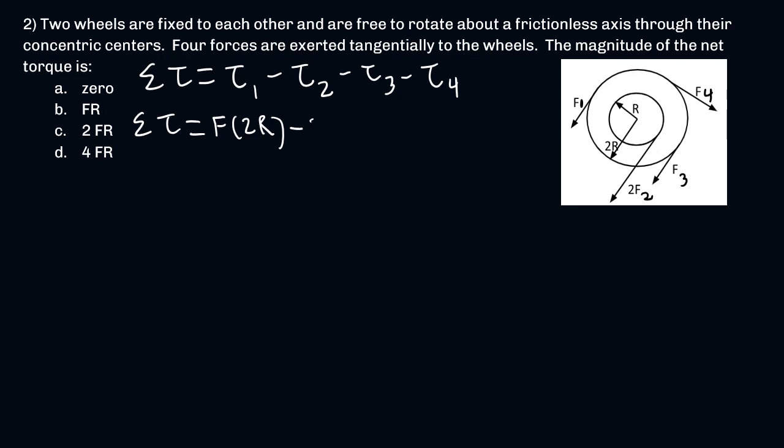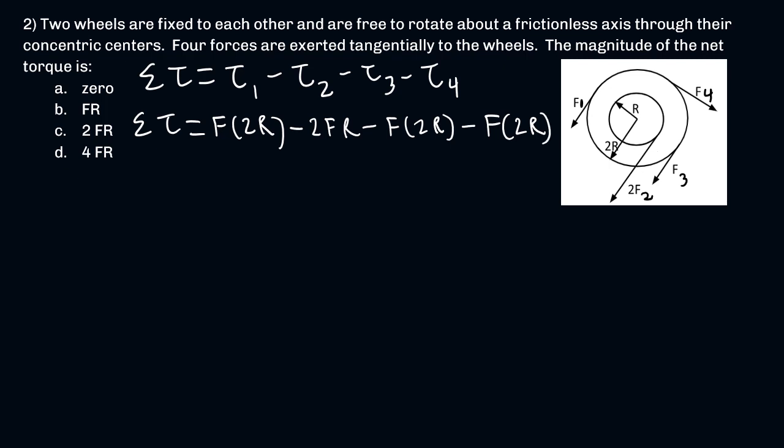So we have here 2F times R, minus another torque there, torque 3. That is only 1F, but again, it is 2R away from the axis of rotation. So we have here force times 2R. And then our final torque there, again, is going to be just 1F, but it is, again, 2R away from the axis of rotation. So we have another F times 2R.